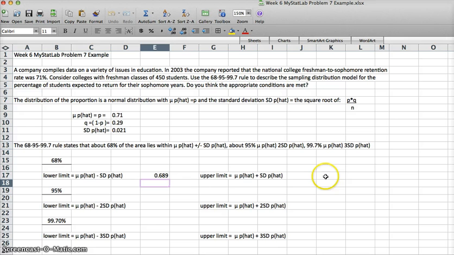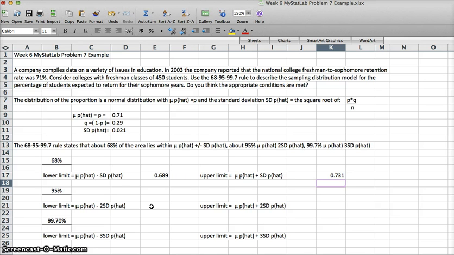Same thing here for our upper limit. Now we're going to take equals P plus our standard deviation, enter, and there's the upper, 0.731.